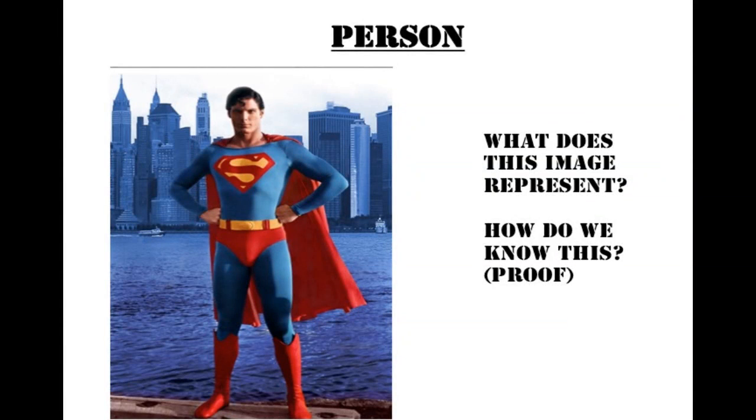Okay, now person. What's the denotation of this? It's a man standing there, Superman. This represents the male as a strong character. Look at the facial expression, look at the body pose. He's strong, he's masculine, he knows exactly what's going on, he'll be able to save the world, and we can take all this from this image.